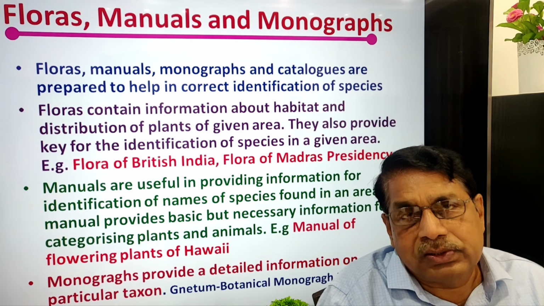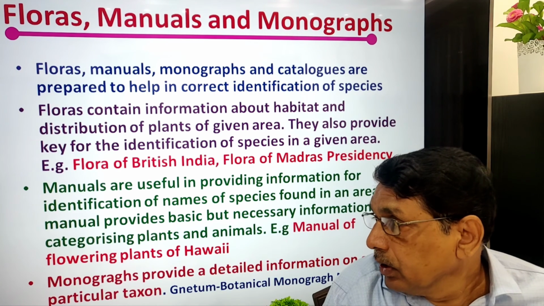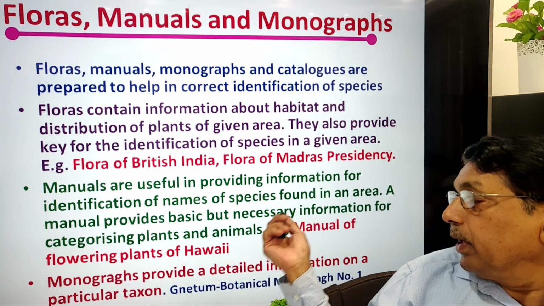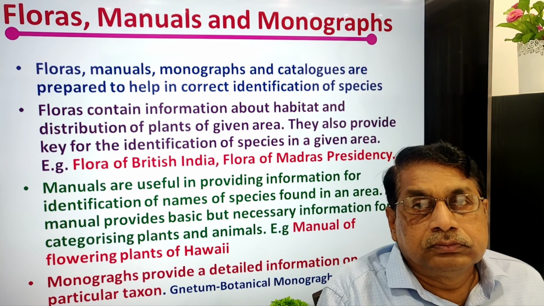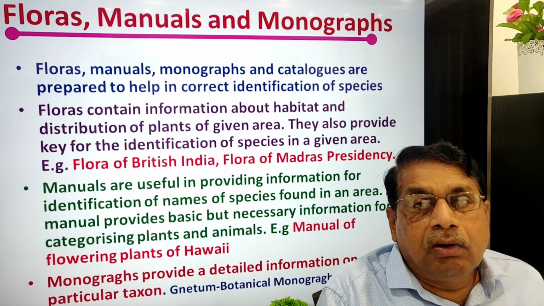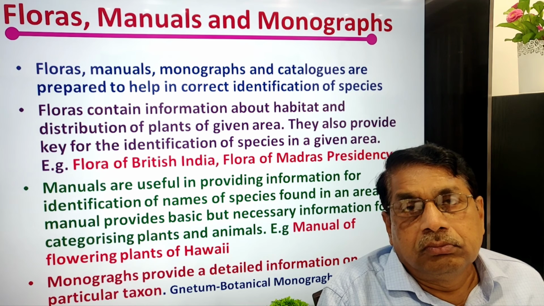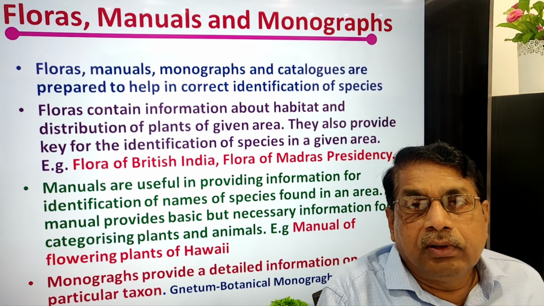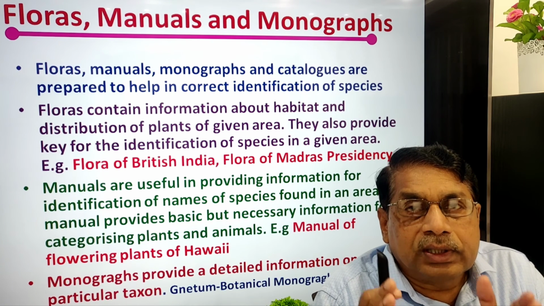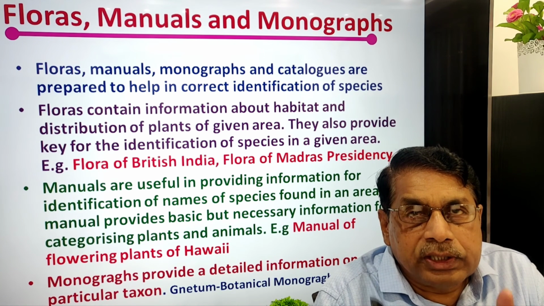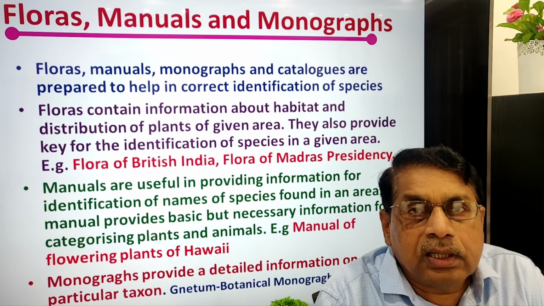That will provide the basic knowledge for identification purpose. For example, manual of flowering plants of Hawaii. Manual of Dandakaranya forest. That manual will be helpful for the identification of plants and animals that occur in Dandakaranya forest.